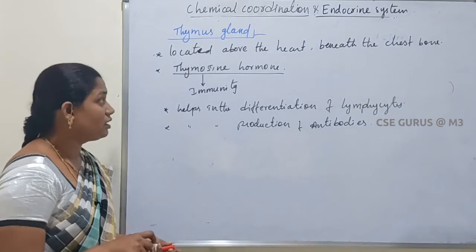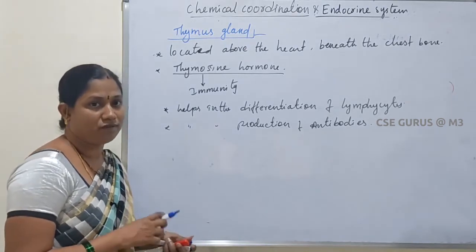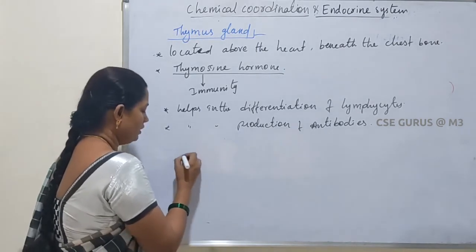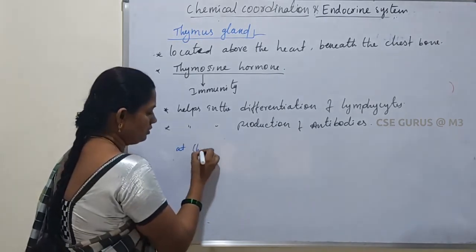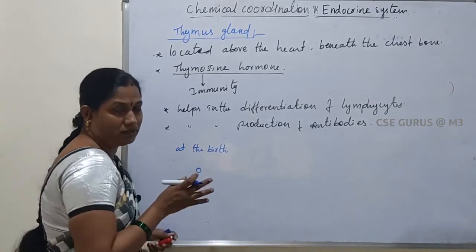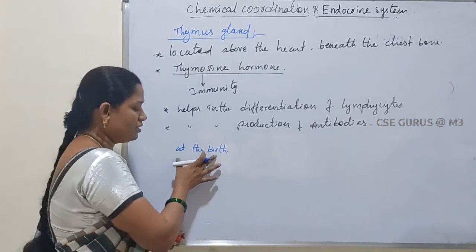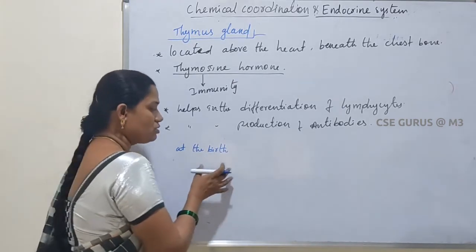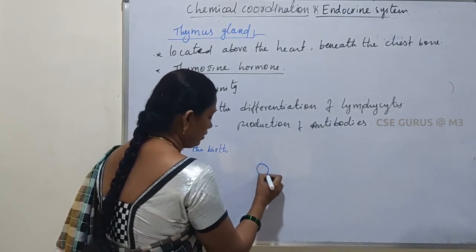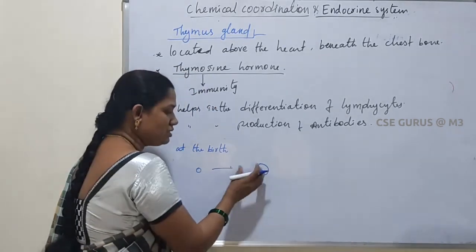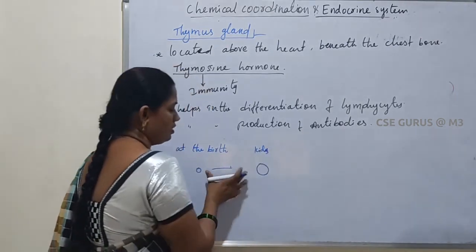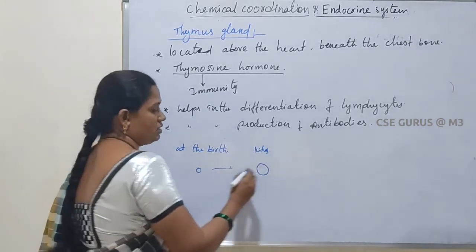Next, the thymus gland has one special feature. Normally at birth it is smaller in size. Slowly in kids, according to age, the size increases.